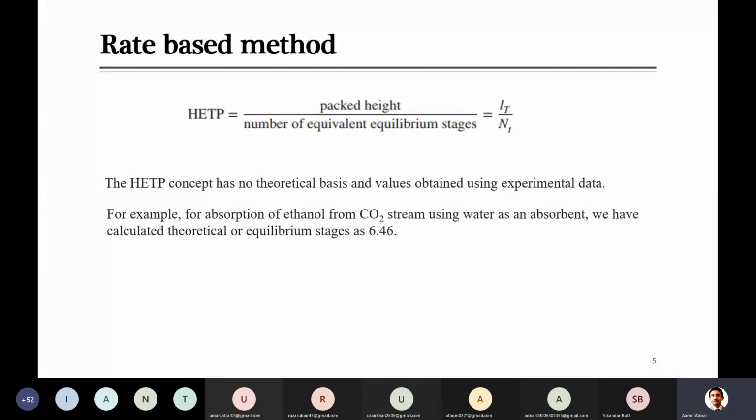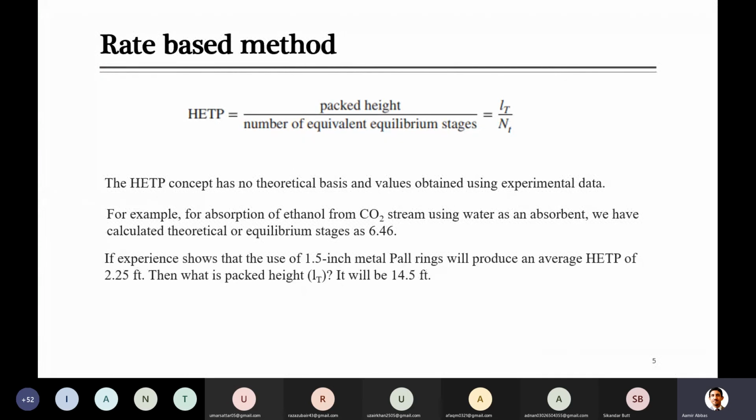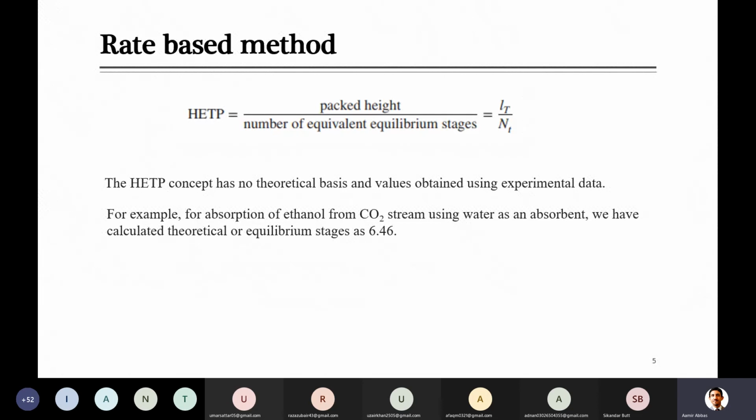if we want to separate that with the help of a packed bed or packed column, how much height will be needed? Here the height needed will be different for different cases. The reason is that there are different types of packing. When we studied the packing, we said that there is random packing, and then there is something called structured packing.